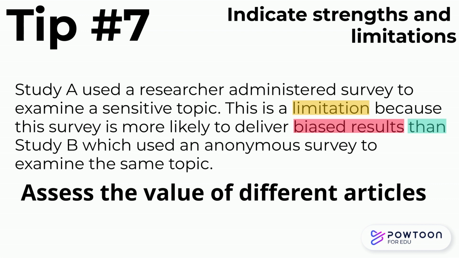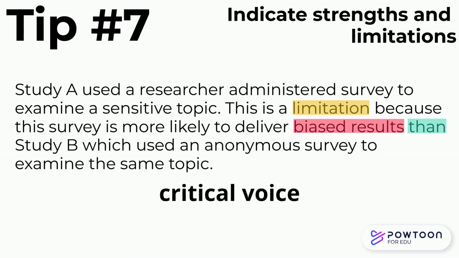This is a limitation because this survey is more likely to deliver biased results than Study B, which used an anonymous survey to examine the same topic. The author uses the specific words limitation and biased results to identify a limitation of Study A, which helps shape the reader's interpretation of this research. The comparison between studies A and B is indicated with the word than. This comparison is a form of analysis, which is an important component of critical voice.